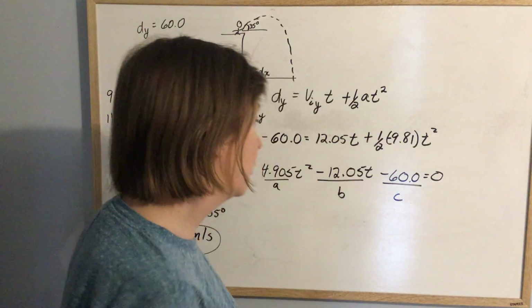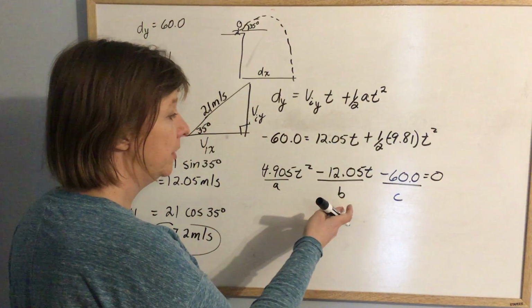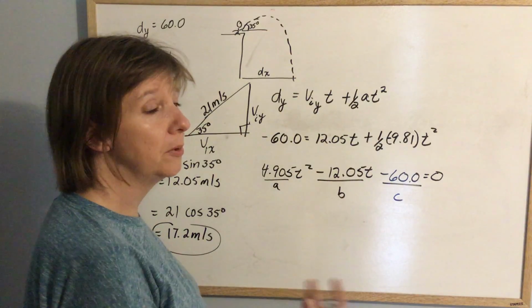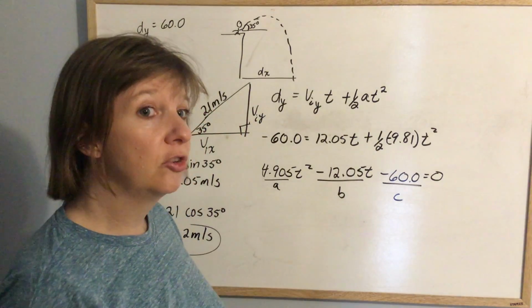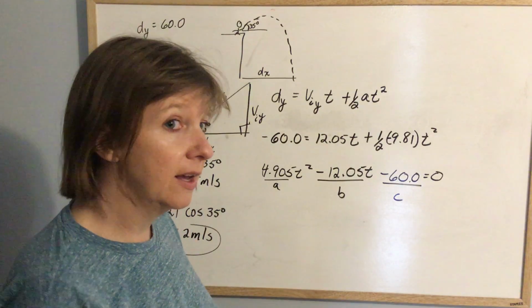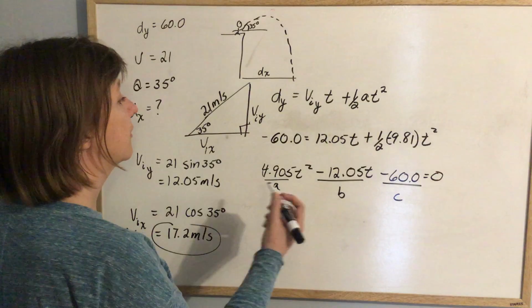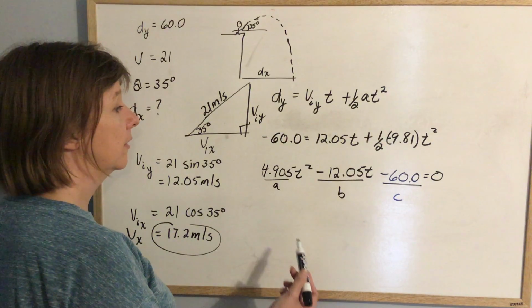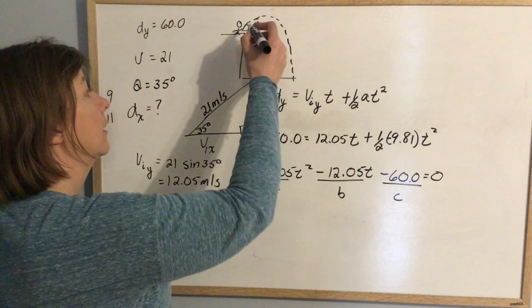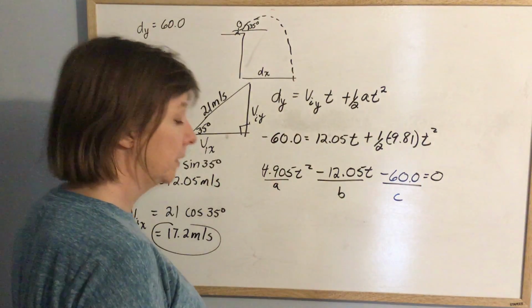So when you do the quadratic formula, negative b plus or minus the square root of b squared minus 4ac all over 2a, you're going to get two answers. And again, the reason for the two answers is because the time is in two different places, okay?